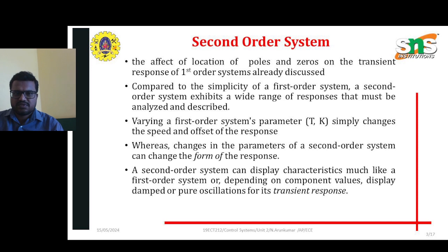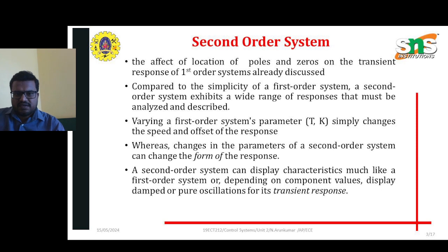Second order system. Normally, the second order system is used for a large number of transfer characteristic equations. It is based on the number of systems used in control systems. In first order systems, the parameters T and K simply change the speed of the response, whereas changes in the parameters of the second order system can change the form of the response as well.